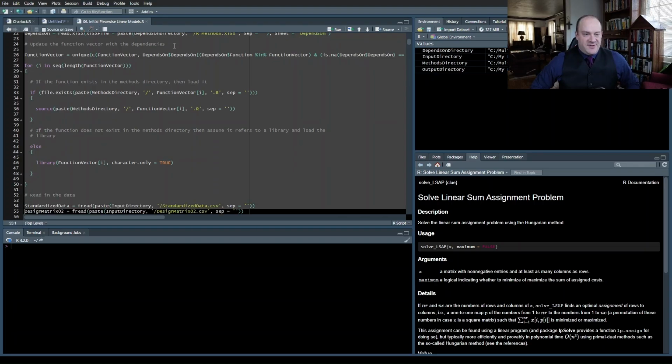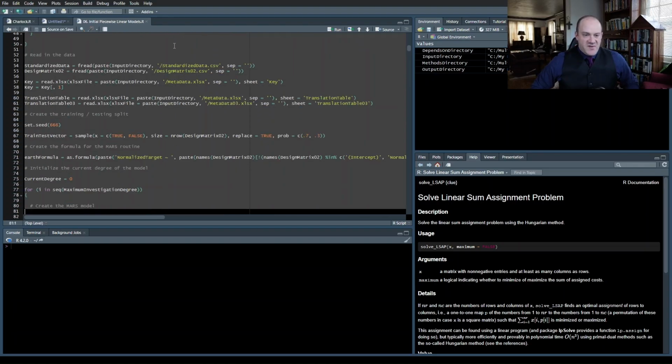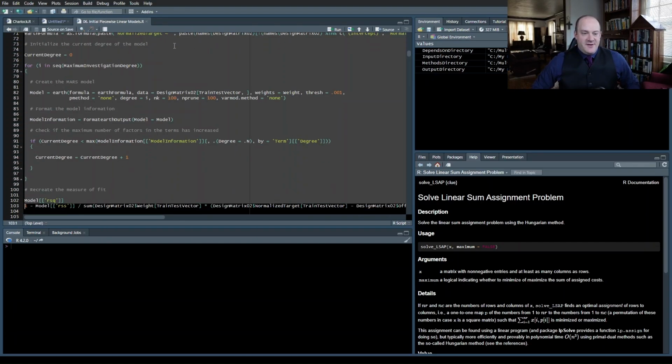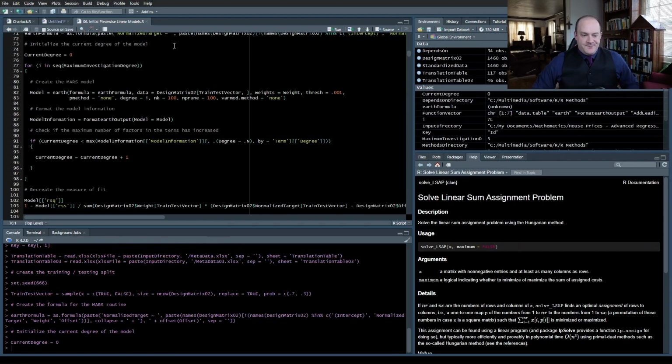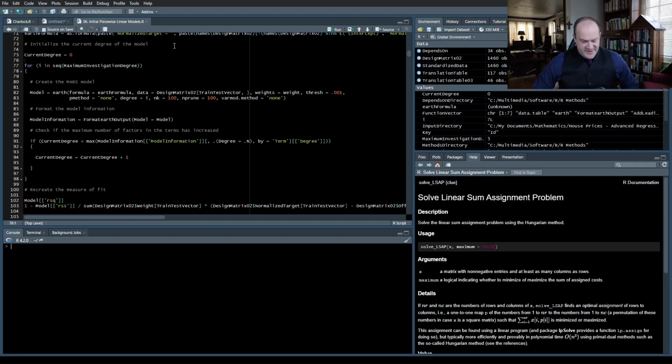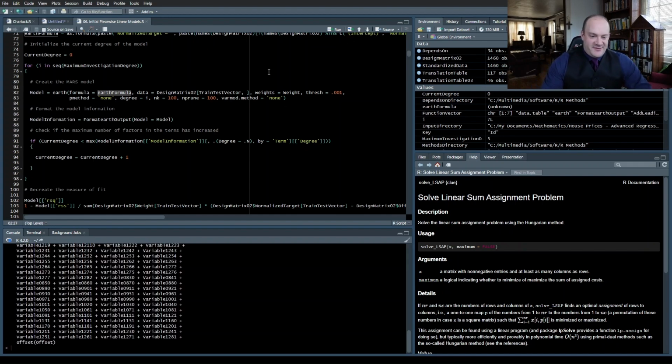So let's load everything up here. Again, these data sets are the data sets that you've seen previously. Nothing crazy going on there. And now we're going to run this loop here. So I want to explain what's going on in this loop. So here is the Earth formula. And so what have we done?